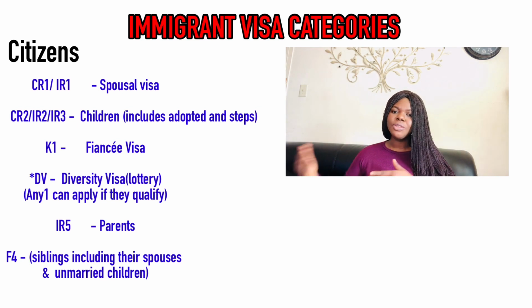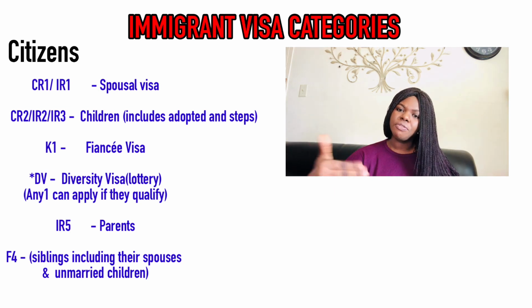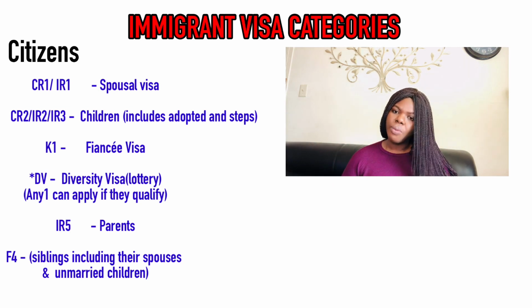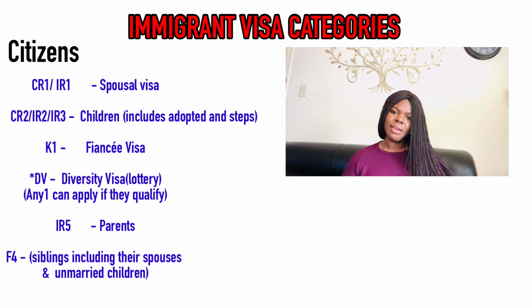You can start with one and end with the other, or start with one and end with that same one. So there are people who start with CR1 and at the point of entry are still CR1, and there are people who start with CR1 but at the time of their entry get IR1. I hope you get what I'm saying.